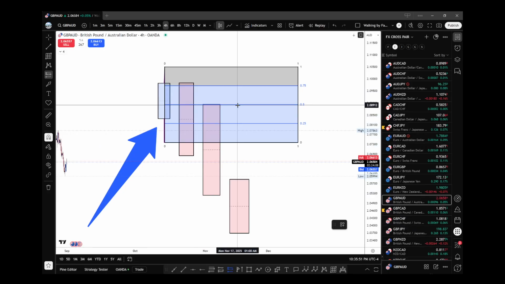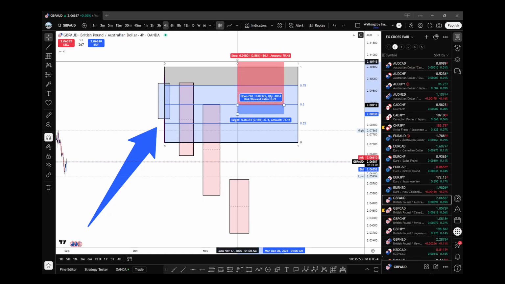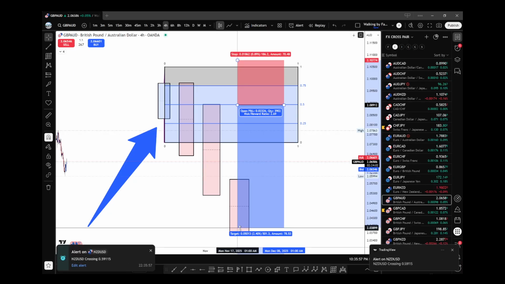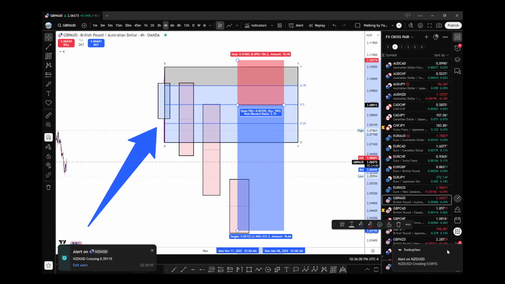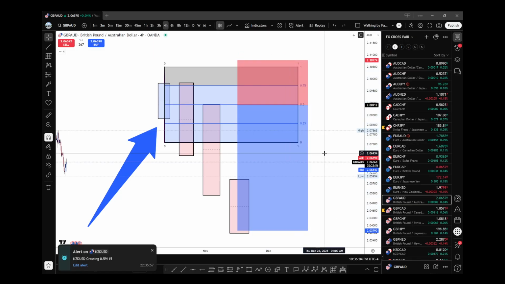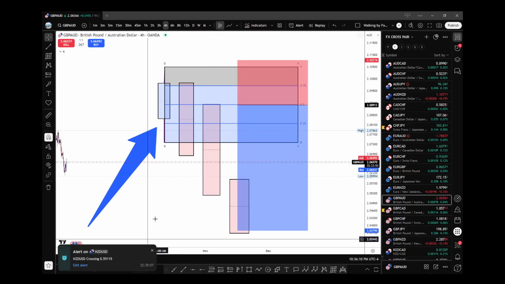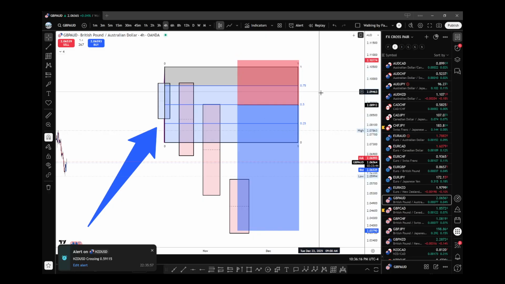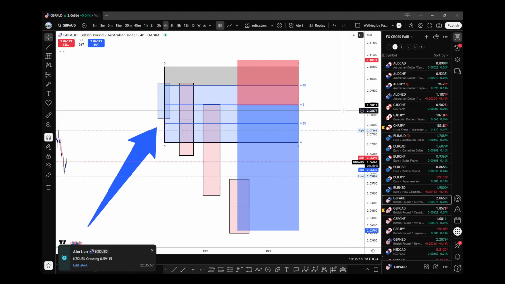We take it right here at 50, a little bit above the highs, and take it down to 1 to 2, or 1 to 3. Hey, if anybody's wondering if you heard that sound, that's my trading alert going off for NZD USD. So pretty much this is how it works, right?